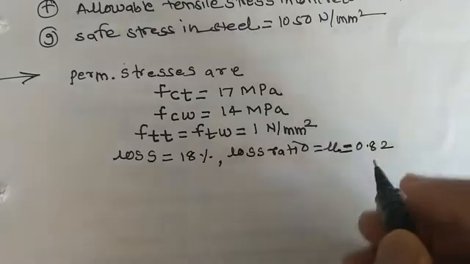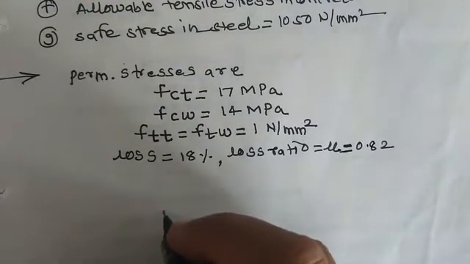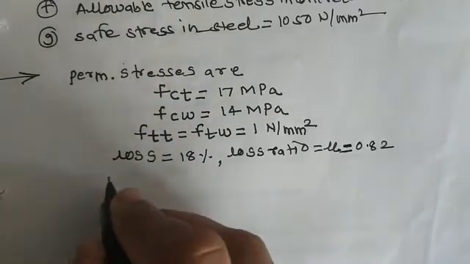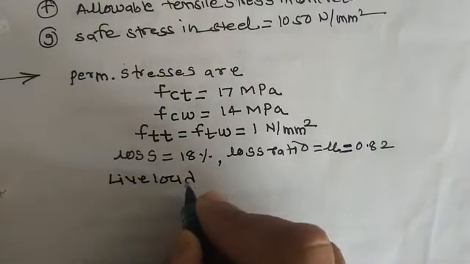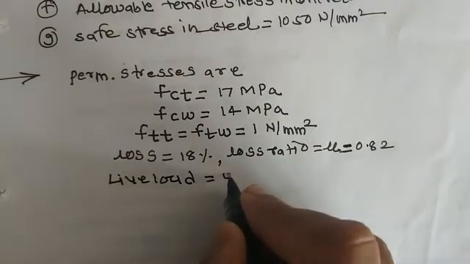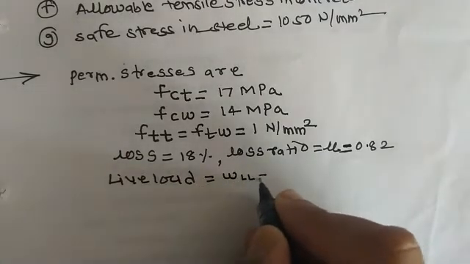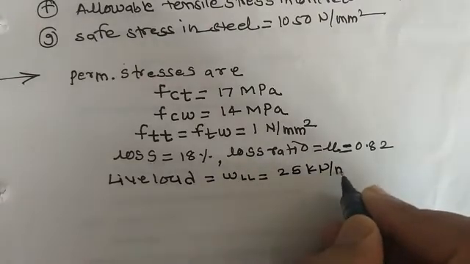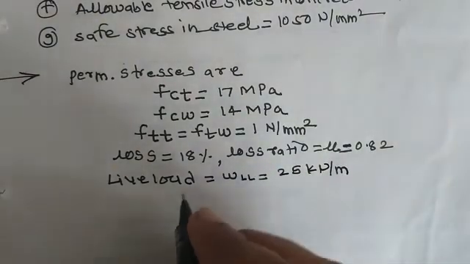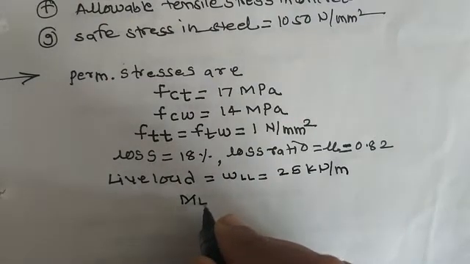Mu is equal to 0.82. Live load is given, it is live load is equal to 25 kilonewton per meter. Let us calculate the bending moment due to live load.